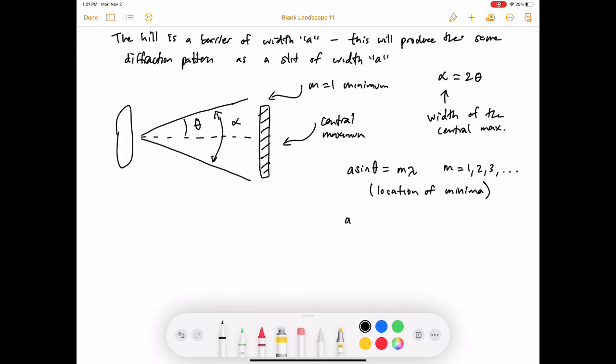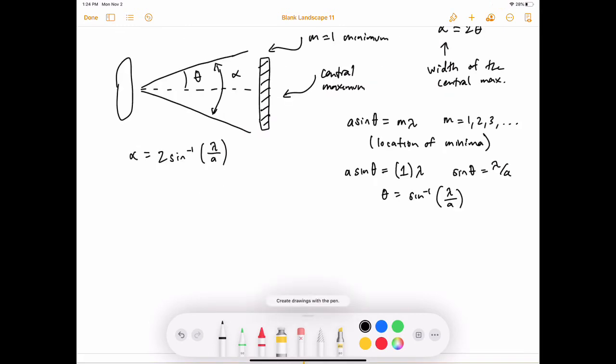So we have A sine theta is equal to 1 times lambda if we want the m equals 1 minimum, which would give us sine theta is equal to lambda over A, or theta is equal to inverse sine of lambda over A, which means alpha is 2 times that, 2 times the inverse sine of lambda over A.